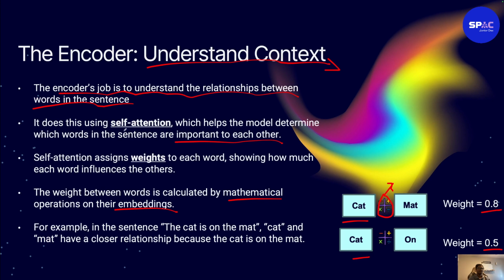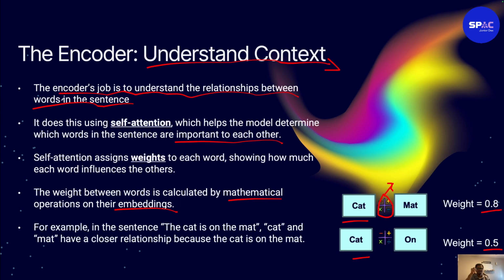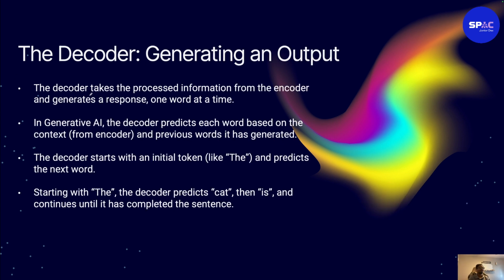embeddings and encoder, right? So the next thing, after you have your encoder, is to decode, which should be very easy. So you encode, then you decode. The decoder takes the processed information from the encoder and generates a response one by one.